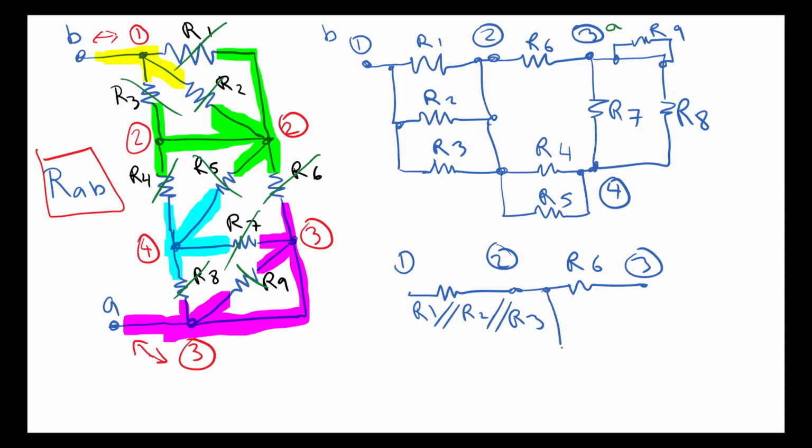So let's just drop down, and we have this parallel resistance here that goes between what it looks like R2 and R4. So I was a little aggressive in drawing that, and that goes to node 4, and that resistor is the parallel equivalent of R4 and R5.